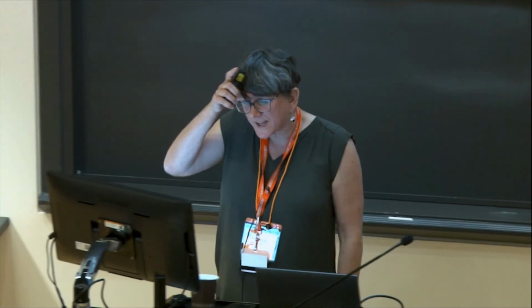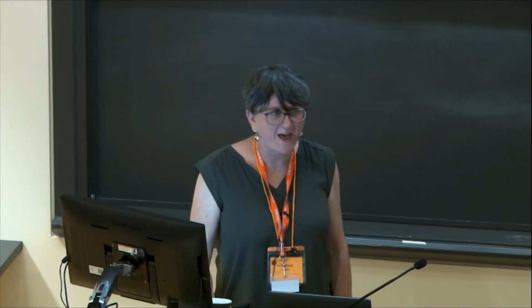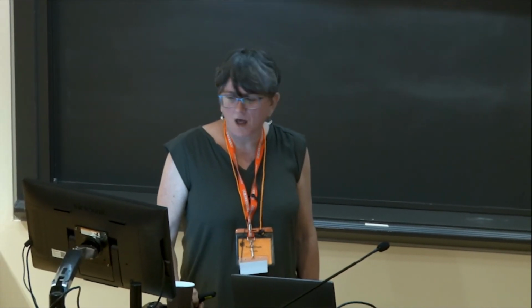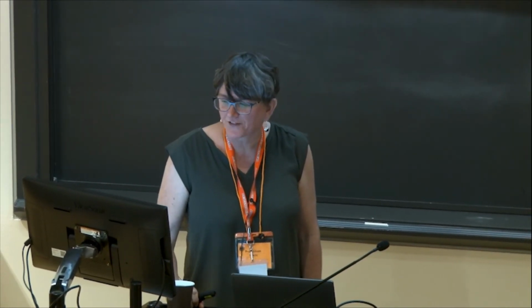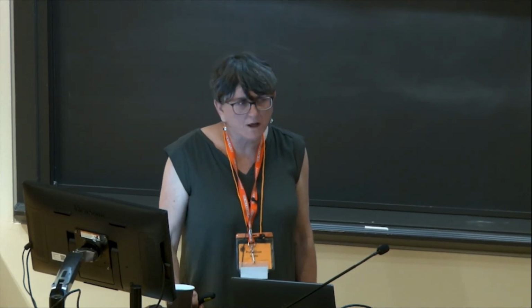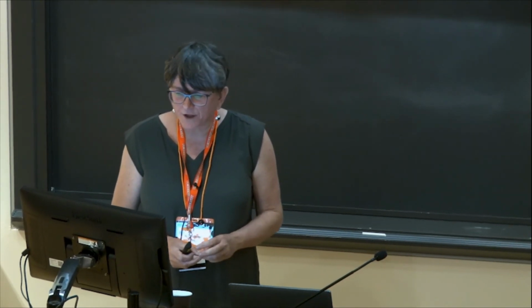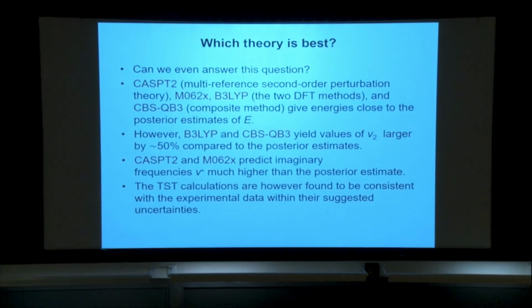Because they applied various different levels of theory, you might ask which theory was the best. And it's a little bit difficult to answer that question based on the study. The high level of theory was the CASPT2 method. There are 2 density functional methods there and a fairly low-cost composite method.